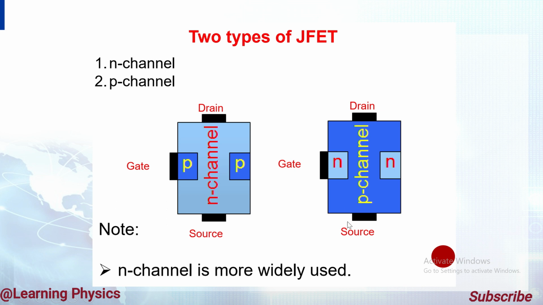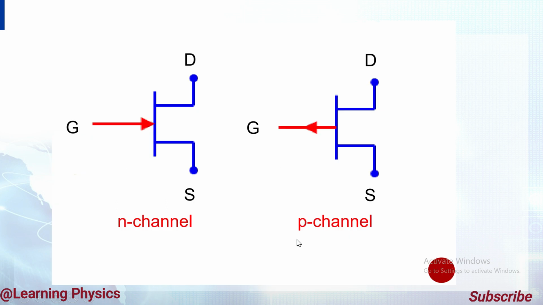And here is a p channel device or p channel JFET. We use n channel material for our operation. This is the symbolic representation of JFET. Here is a gate, here D is a drain, and here is a source.